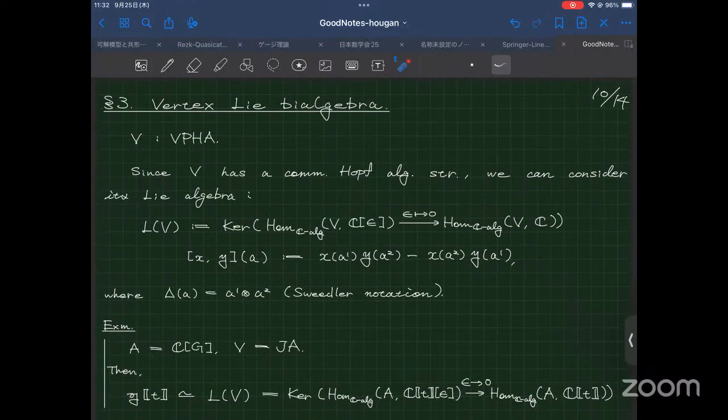Now we have obtained the notion of vertex Poisson Hopf algebra, and we regard it as the vertex analog of Poisson Lie groups. Since a vertex Poisson Hopf algebra has a commutative Hopf algebra structure, we can consider its Lie algebra as follows.